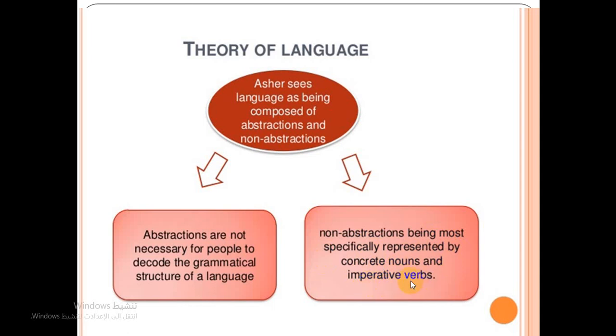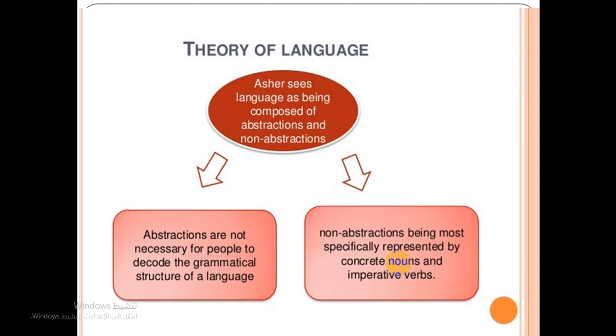What are concrete nouns? Concrete nouns are nouns that you can see, hear, smell, touch, and taste, such as a chair, a table, a vegetable such as a cucumber, carrots, or fruits such as an apple, a banana, etc. What are imperative verbs?